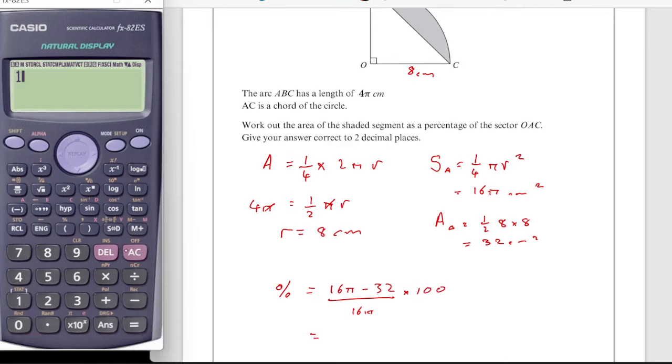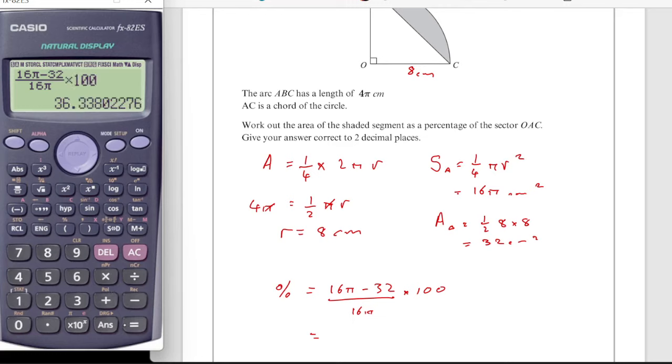So let's type it in just like that. 16 pi minus 32 divided by 16 pi. We could have cancelled down by 16, so that would have been pi minus 2 over pi. That would still work. No advantage, though, on a calculator paper.